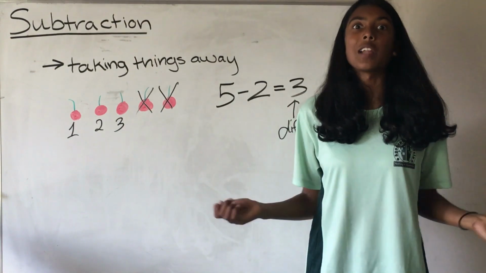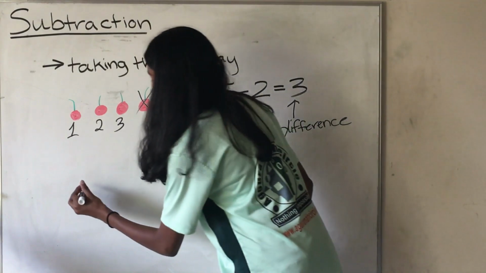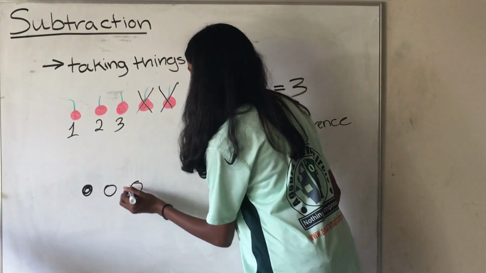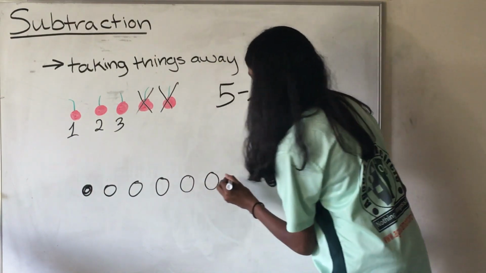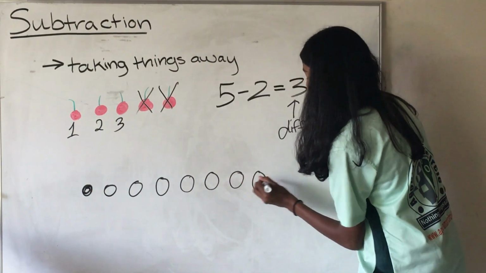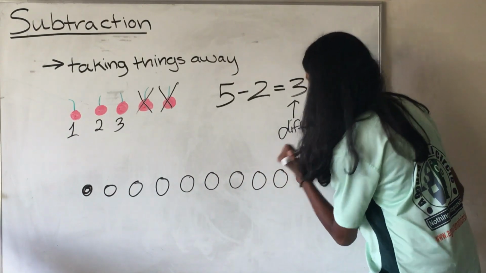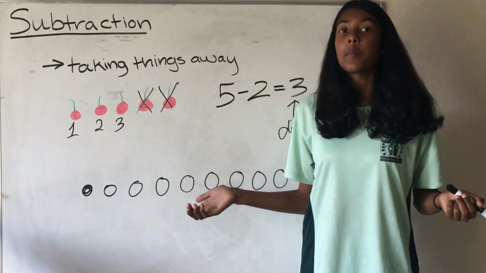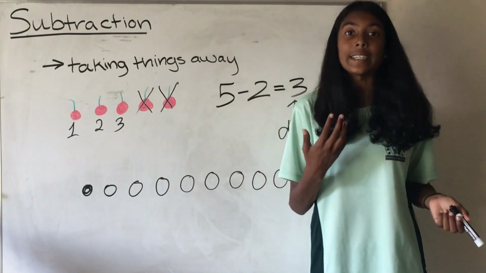Let's say we have 9 bananas. I'm not going to draw bananas, I'm just going to use dots. Let's count them out. 1, 2, 3, 4, 5, 6, 7, 8, 9. So, you take 9 bananas and apparently you only need 3.